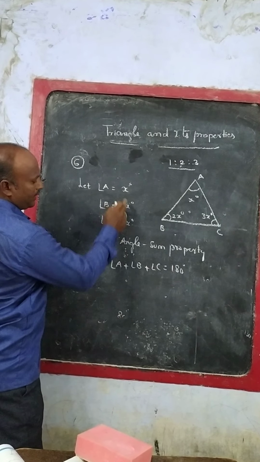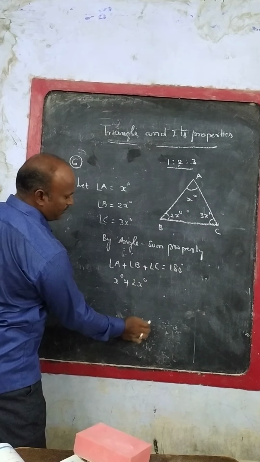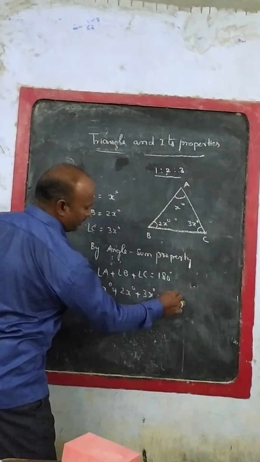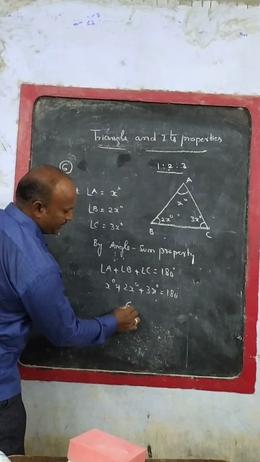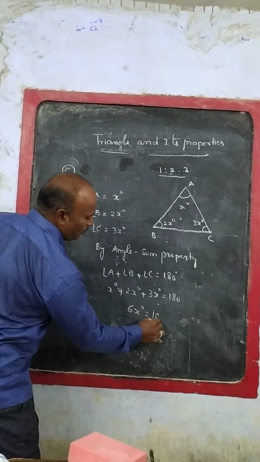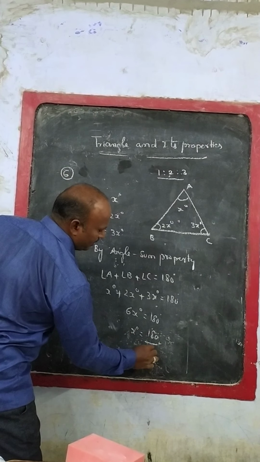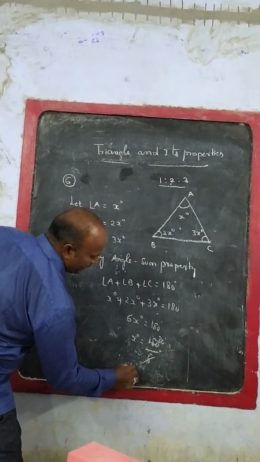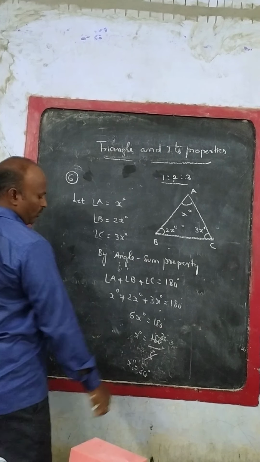Here angle A means x degrees plus angle B means 2x degrees plus angle C means 3x degrees is equal to 180 degrees. x plus 2x, 3x, plus 3x, 6x degrees is equal to 180 degrees. So x degrees is equal to 180 by 6. Six 30s are 180, so x degrees is equal to 30 degrees. So x is equal to 30.